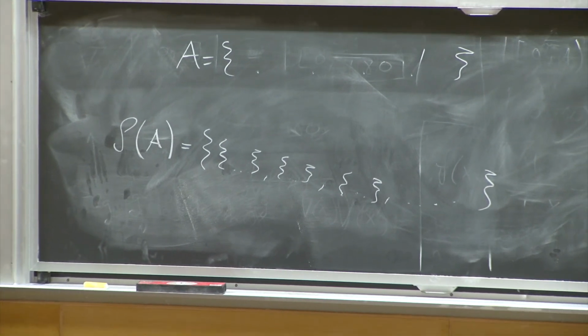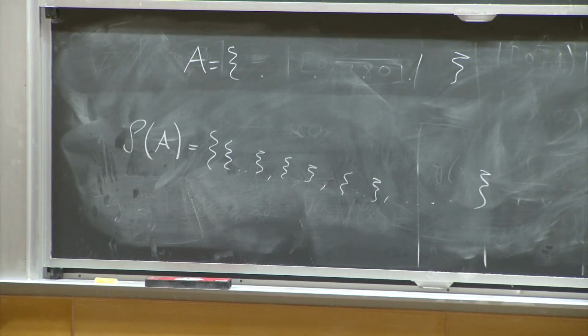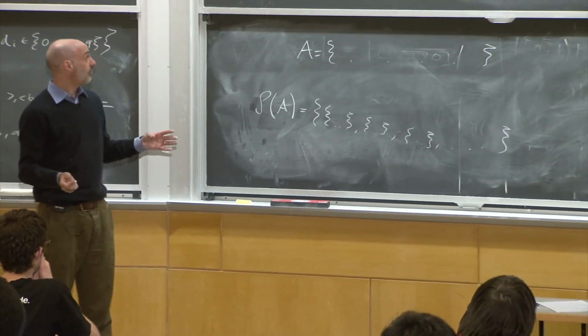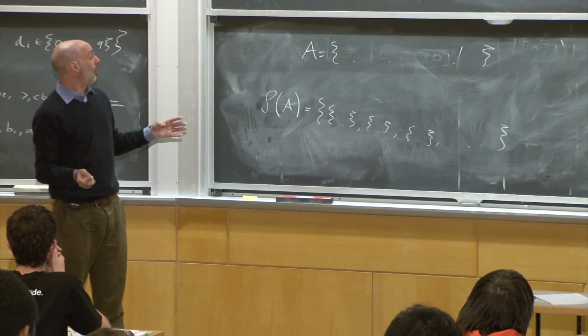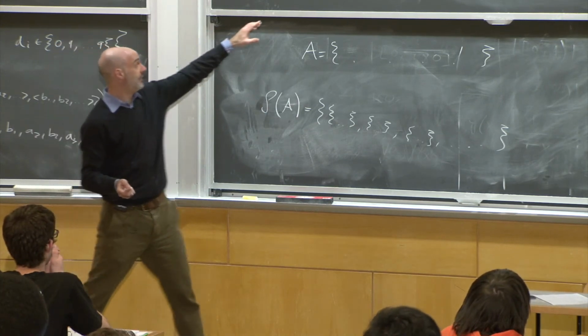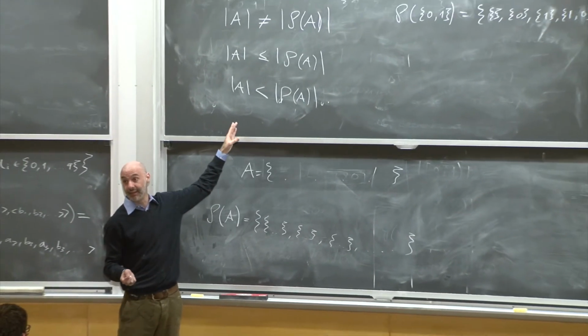So we're going to assume the opposite of what we want to prove and derive a contradiction. So what we want to prove is that there are more things in the power set than in A.